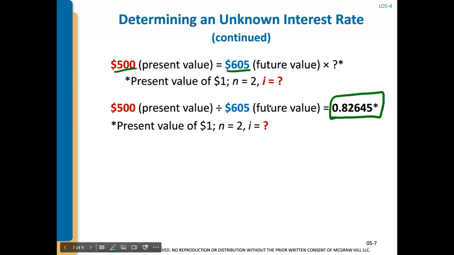Okay, so that's our factor, but we still don't know what our interest rate is. But we do know that this factor is the present value of $1, right? That's what we calculated. And we know n equals 2, I equals something, but our factor is 0.82645. So we're going to go into our present value of $1 factor tables, looking at n equals 2, and seeing if we can find this 0.82645.